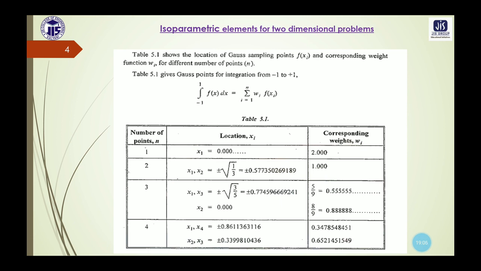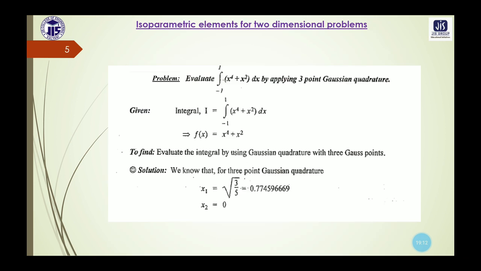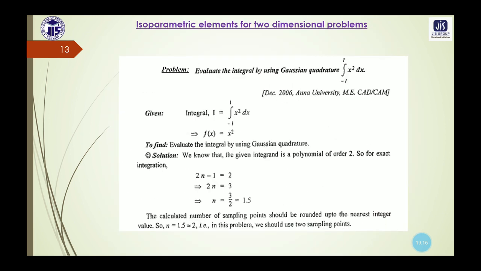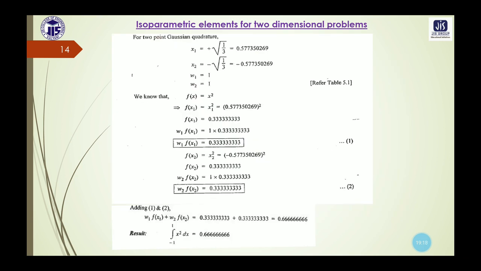And the values of the weights, w1 and w2, corresponding to x1 and x2, are 1. So these values we will use here in this numerical. So x1 is plus root under 1/3, that is 0.577, and x2 is minus root under 1/3, which is minus 0.577. And w1 is 1, and w2 is also 1.